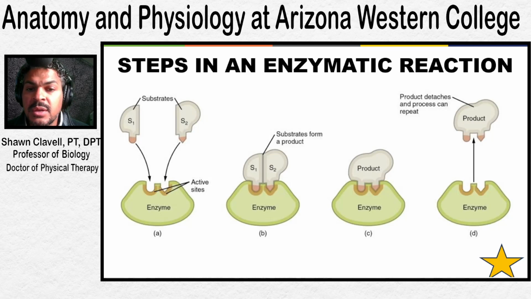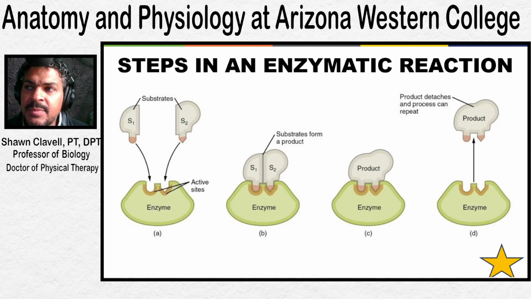So an enzyme is a catalyst. It's a protein that provides an environment for a chemical reaction to occur faster than it would in the open environment or faster than it would in our body normally without an enzyme.